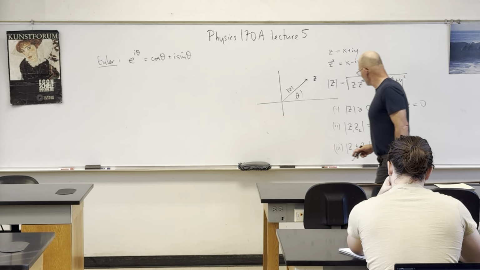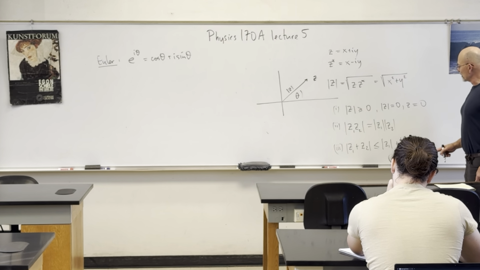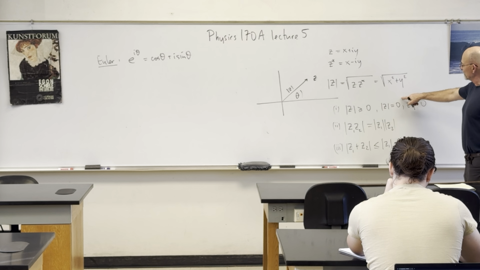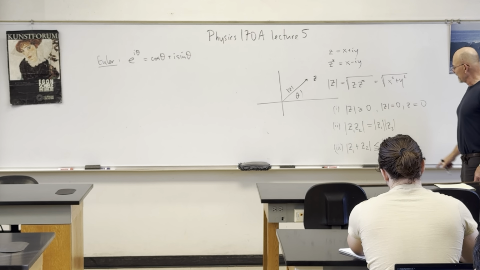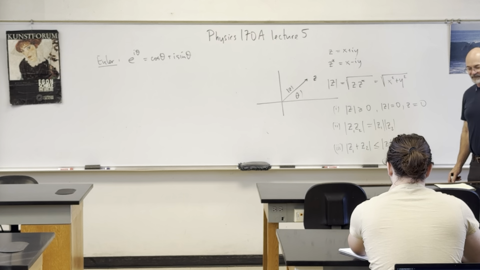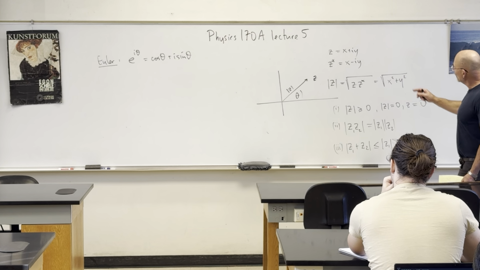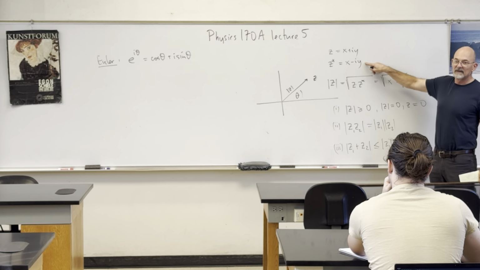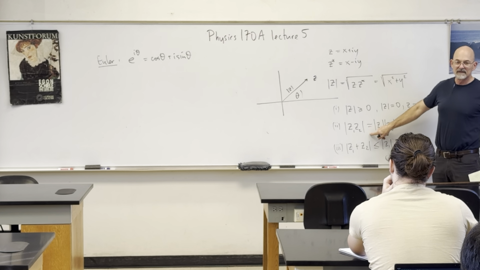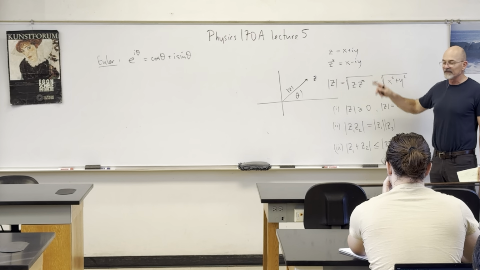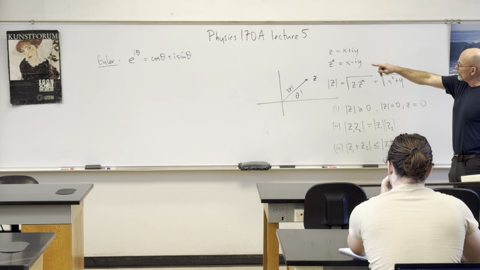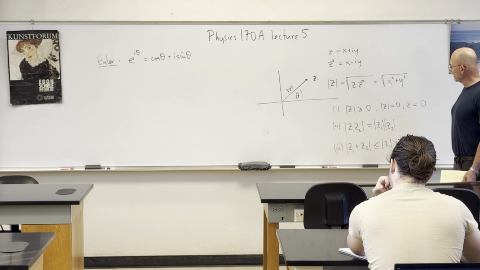So let's look at the proof of one of these. I'd say this first one is self-evident by its definition up here. What about this one right here? If we were using this form, this wouldn't be fun, because you're multiplying all this stuff out. But if we use Euler's formula, let's see what we get.